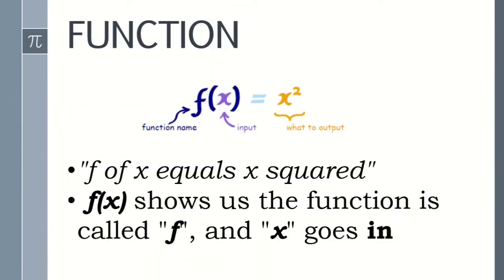This is f of x equals x squared. f of x shows us the function is called f and x goes in. So f of x equals x squared shows us that function f takes x and squares it.